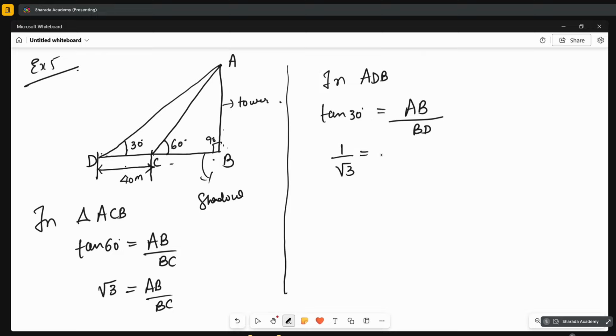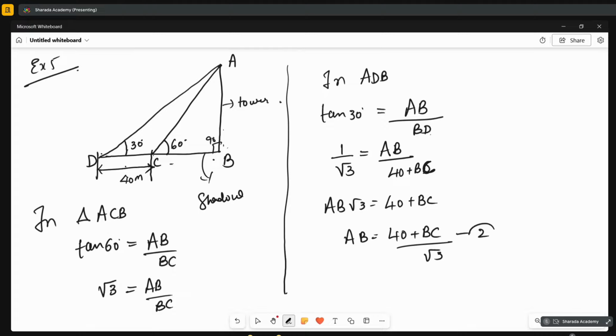AB is the tower, that I will keep as AB, and BD is what? 40 plus BC. Now AB is equal to what? Cross multiply, what you will get? AB into root 3 is equal to 40 plus BC, or AB is equal to 40 plus BC by root 3.